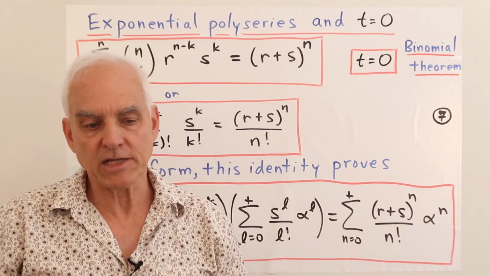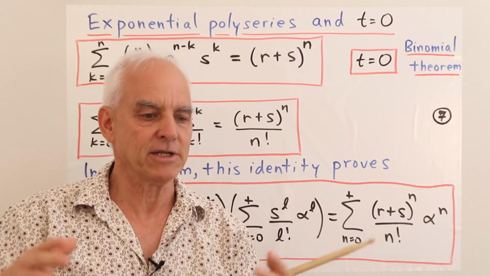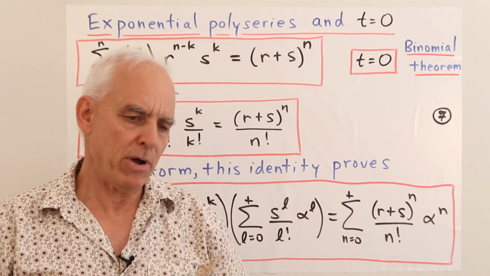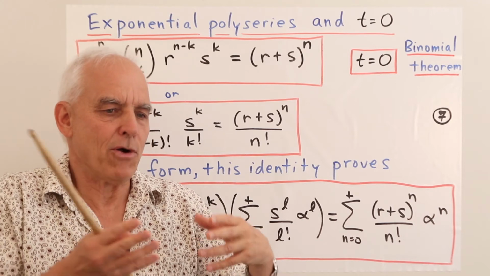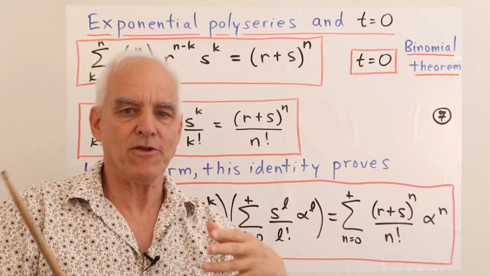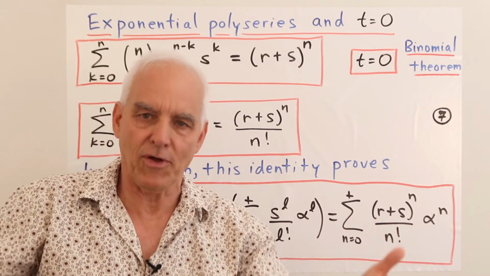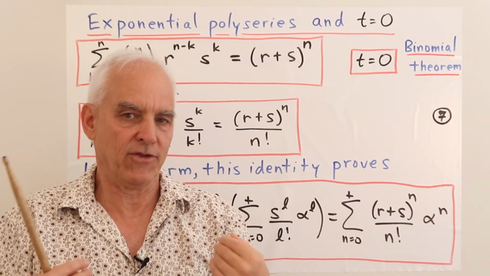In fact, the exponential function is usually associated with Euler, who really developed it greatly. But we're going to see here that from this point of view, it's almost already implicit in the binomial theorem kind of machinations that Newton was involved in. We're going to see it just emerge naturally in this fashion.